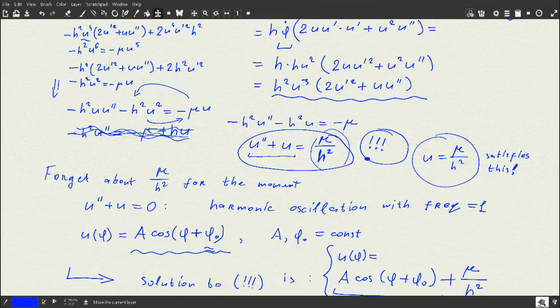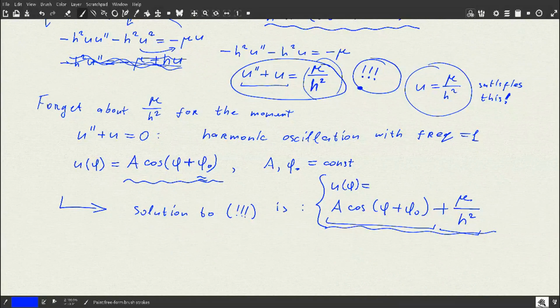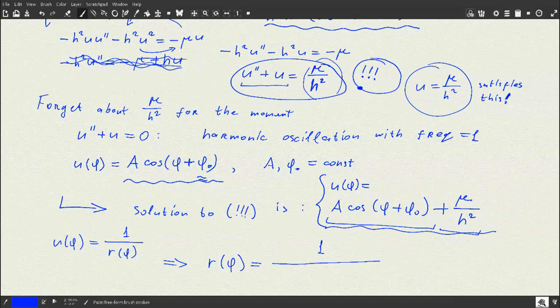Wonderful. And then it remains to recall that u of phi was just 1 divided by r of phi, from which it follows that our solution for r of phi is 1 divided by all this, mu over h squared plus A cosine phi plus phi 0.